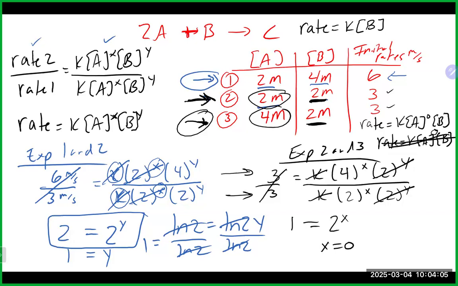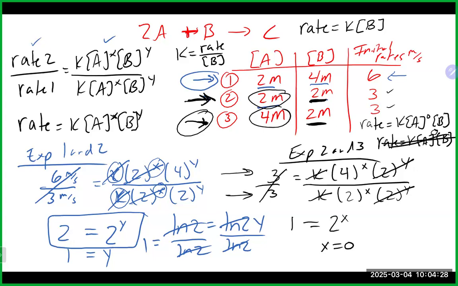Now that I actually have the rate law at this point, I could use it, because I now know the orders, to solve for the value of the rate constant. So if I wanted to rearrange my rate law, my rate constant would equal the rate divided by B. Now, where can I get those numbers?